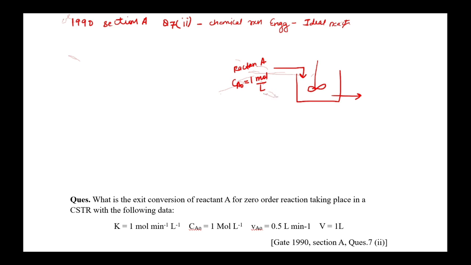What is the exit conversion of A for a zero order reaction taking place in a CSTR with the following data? So the data is given: CA0 is given, and VA0, that is the volumetric flow rate, is 1 mole per liter, sorry, 1 liter per minute, not mole. It is a volumetric flow rate, so it should be in liter per minute.